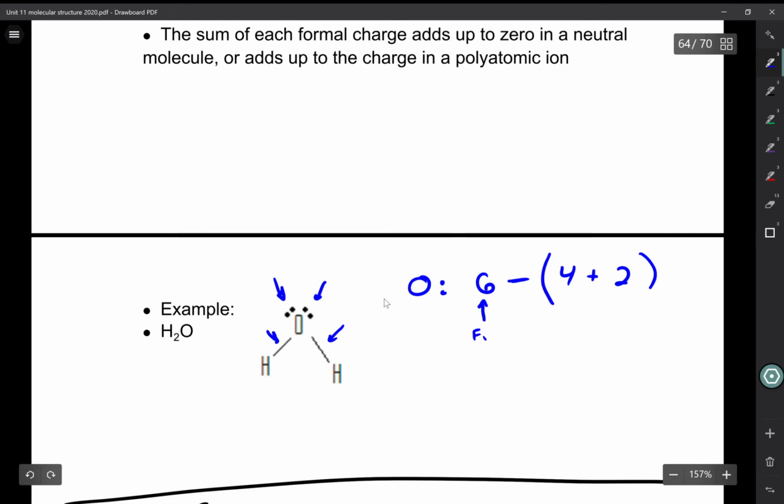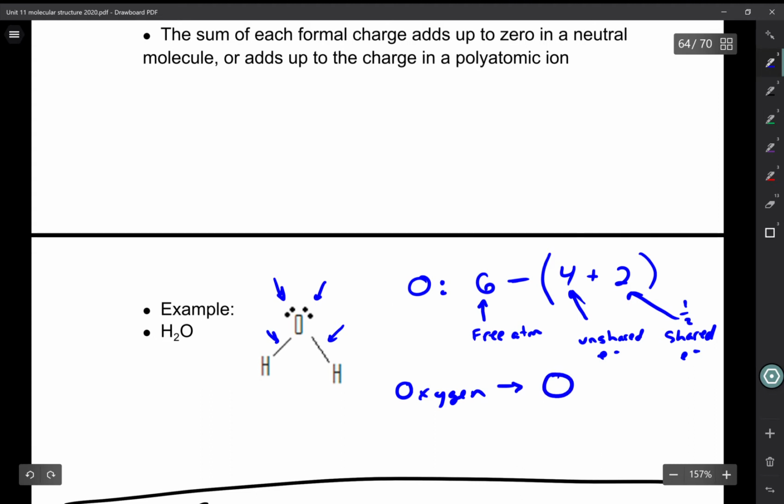So we say this is a free atom, unshared electrons, and 1/2 shared electrons. So we do that. Oxygen's formal charge is 6 minus 4 plus 2, 0.